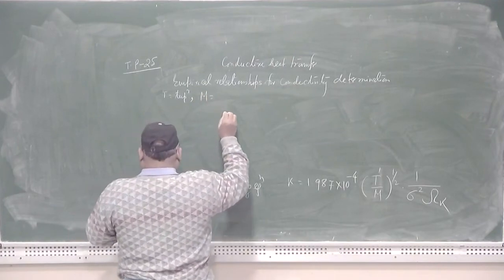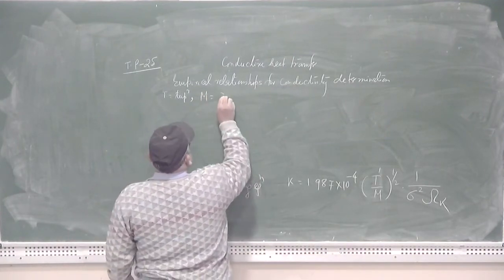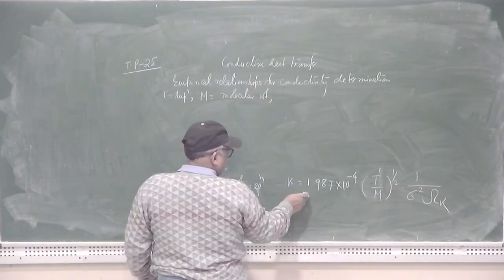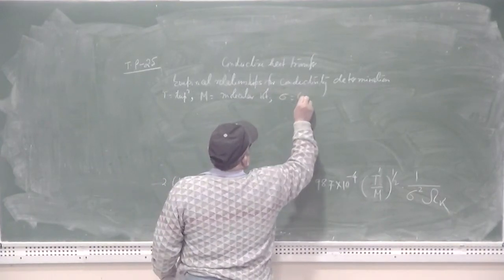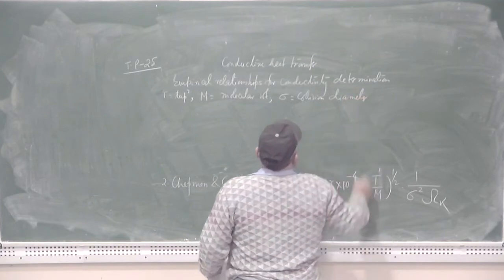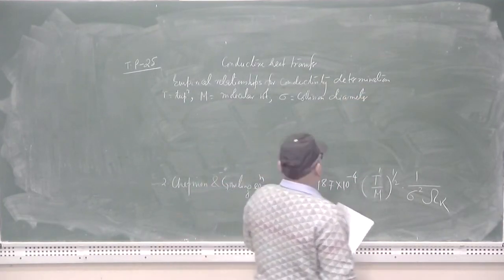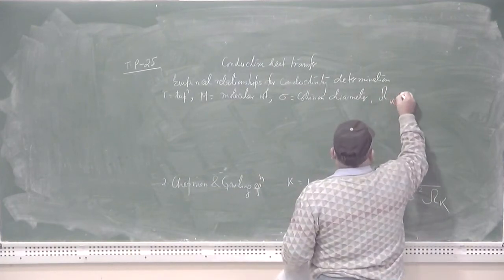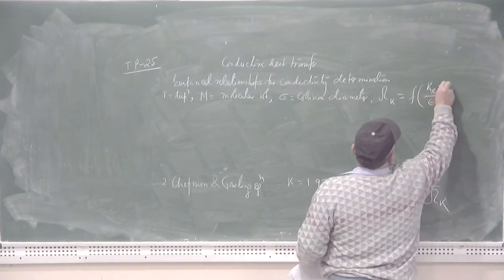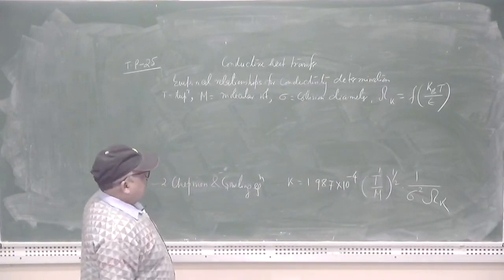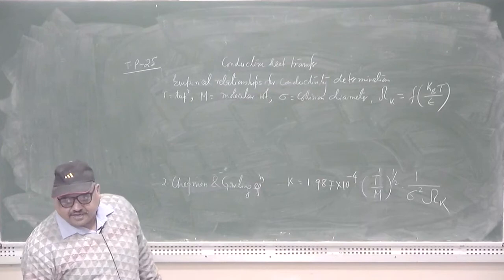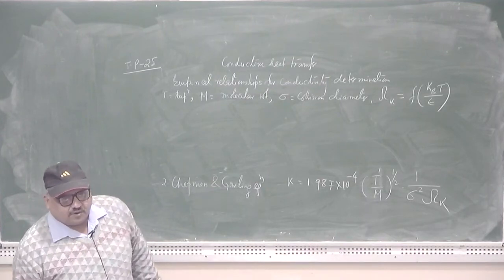M is the molecular weight, sigma is the collision diameter, and omega k is a function of dimensionless temperature kBT upon epsilon, where kB is the Boltzmann constant and epsilon is the energy term resulting from the interaction between the various atoms.